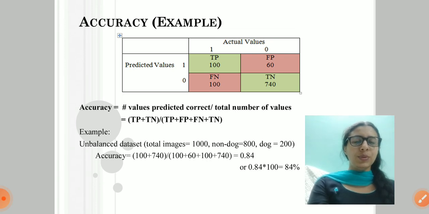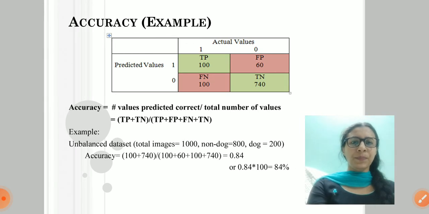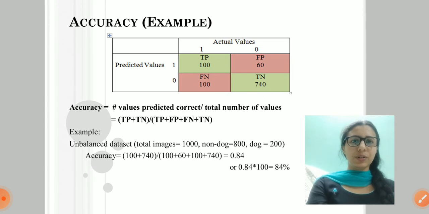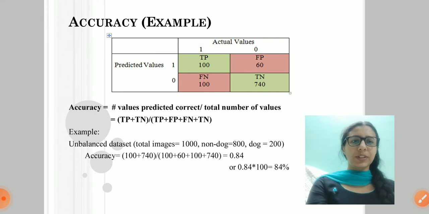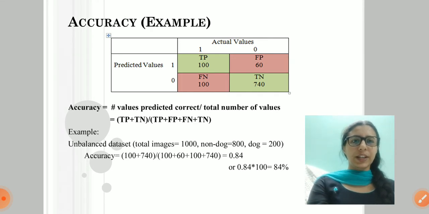And out of 200 dog images, our model predicts 100 images correctly and 100 images incorrectly. If we put these values in the accuracy formula, we get 0.84 accuracy, which can be converted into a percentage by multiplying by 100, that is 84%.